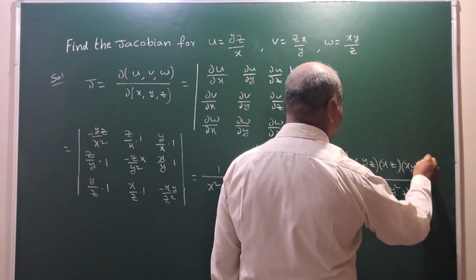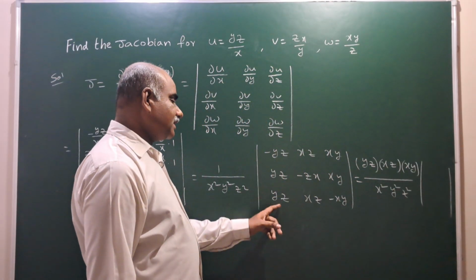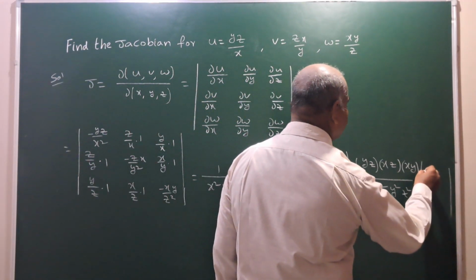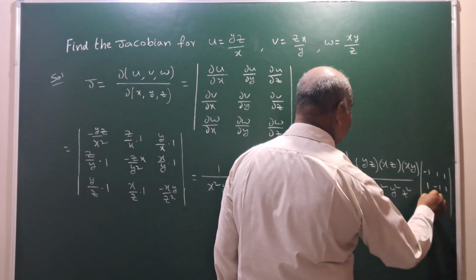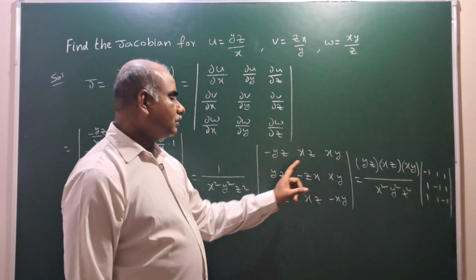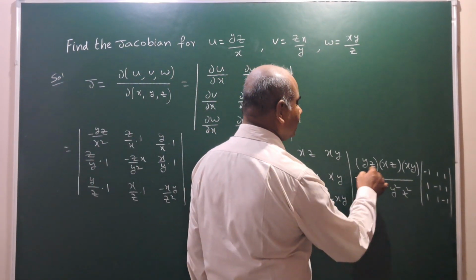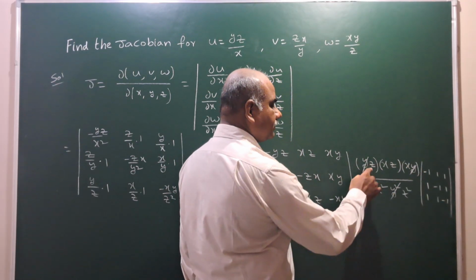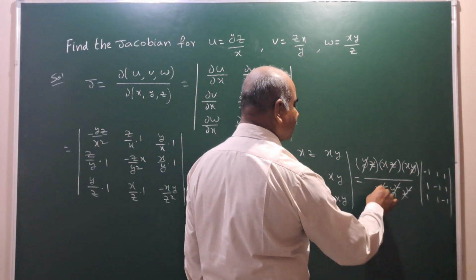The remaining determinant is: minus 1, 1, 1; 1, minus 1, 1; 1, 1, minus 1. Okay. So here y into y square, so cancel y square in both numerator and denominator. Z into z square, cancel z square. X into x square, cancel x square.